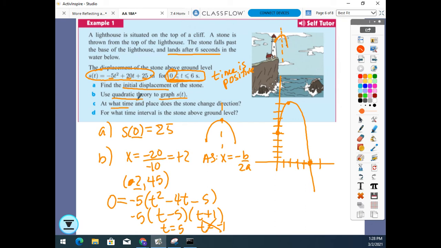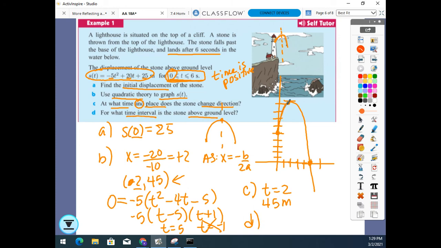At what time and place does it change direction? So at the top here, at t equals 2 and 45 meters, the rock changes direction. Then finally, at what time interval is it above the ground?